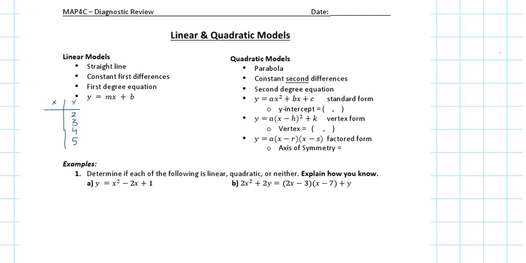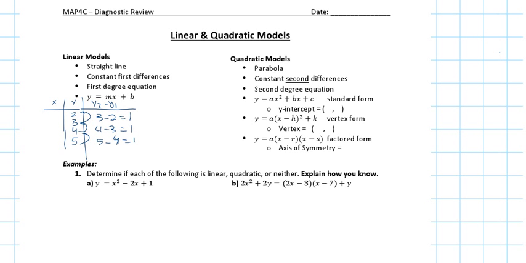Once you do your first difference, so y2 minus y1, if your y2 minus y1 is constant, so you have the same value, that means you know it's a linear function. So that's in the case if you have a table of values.